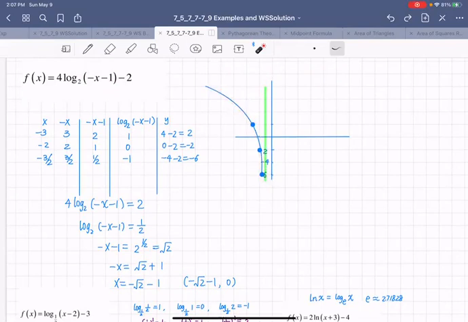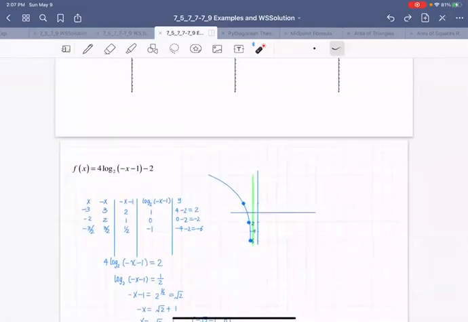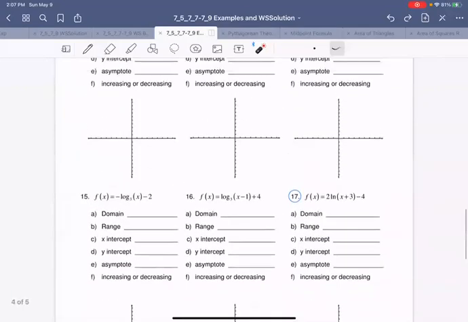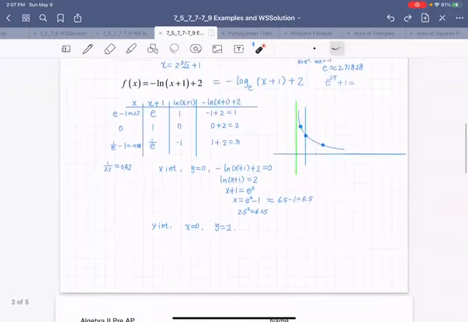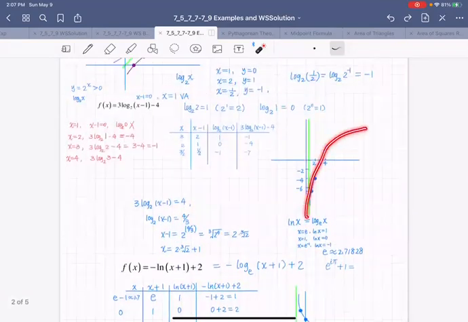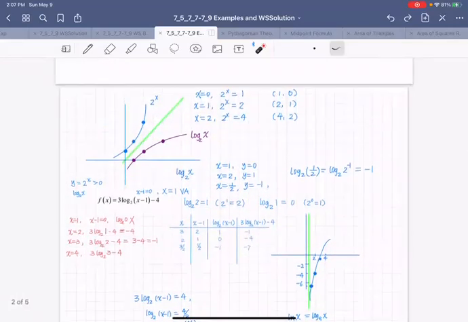Some students may feel confused about why the log graph is sometimes going down and sometimes going up. It is because your original exponential function goes up like that. As the inverse function, it's reflected over y equals x, so the inverse function goes like this. Between here and here, what happened?